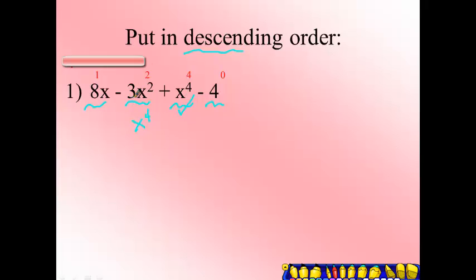So I have to include the sign of this term, which is negative 3x^2. Next is degree 1, so that's positive 8x. And finally, my constant, which is minus 4. So now this is how we write this expression in descending order.